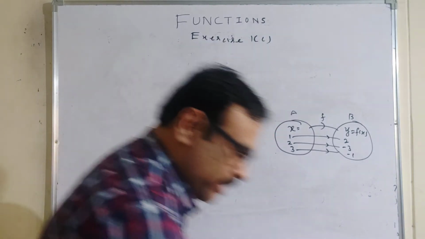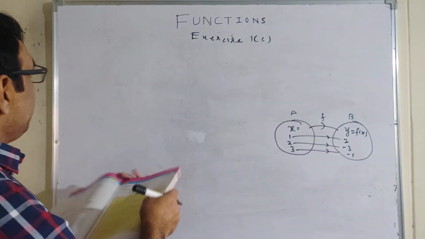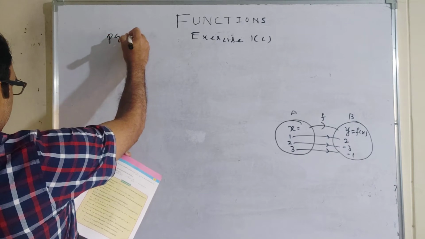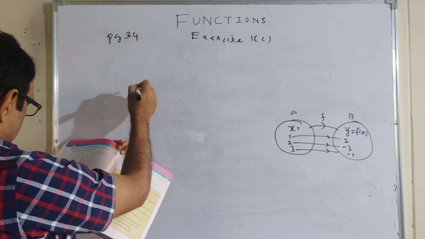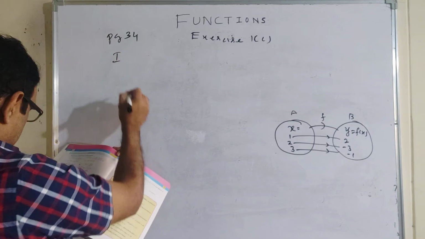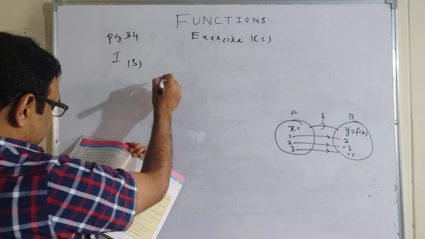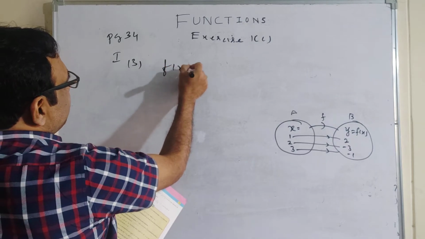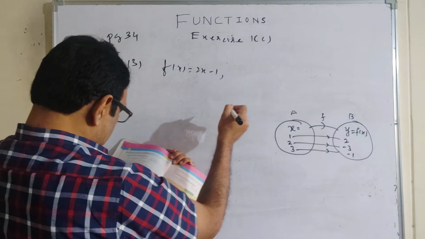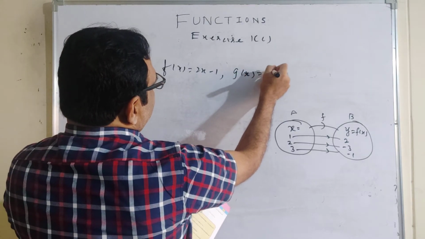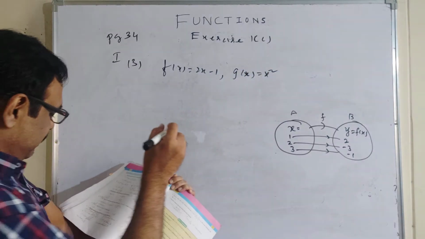Let us say the page number is the same, 34, and this is Roman number 1, and this is going to be problem number 3. What he has given is f of x is equal to 2x minus 1 and g of x is equal to x square. Now what is being asked in the question?